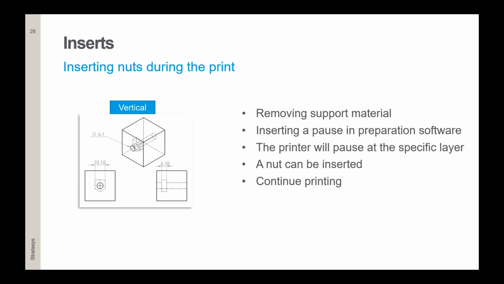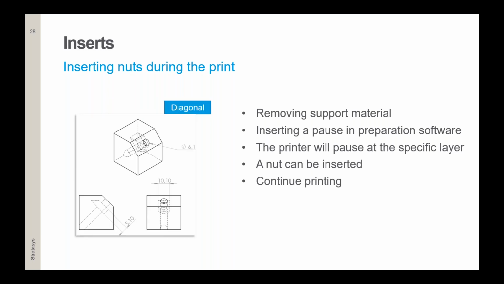Using hexagonal nuts in vertical position, we have only a 30-degree angle when placing that nut on the edge. So the angle for self-support should be increased. And also in this case we would have the horizontal or the vertical hole, where you should consider printing, for example, a teardrop shape or diamond shape and drilling them afterwards.